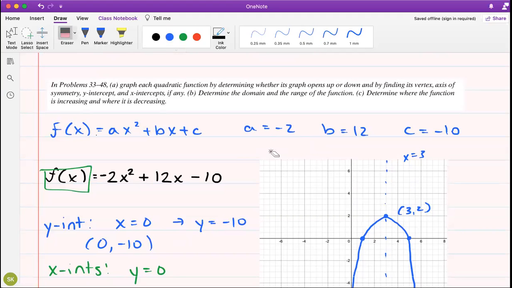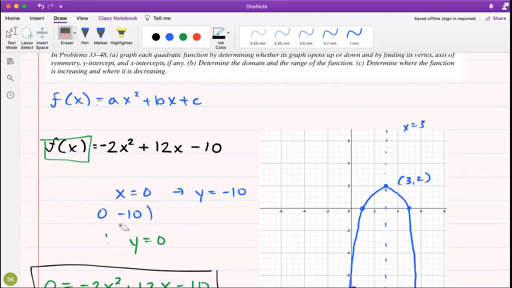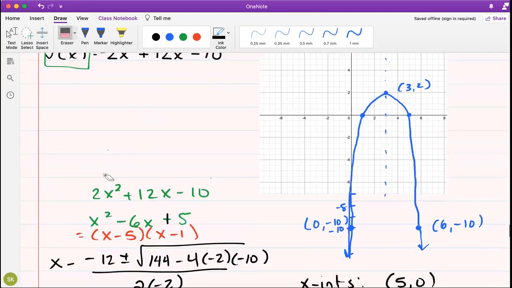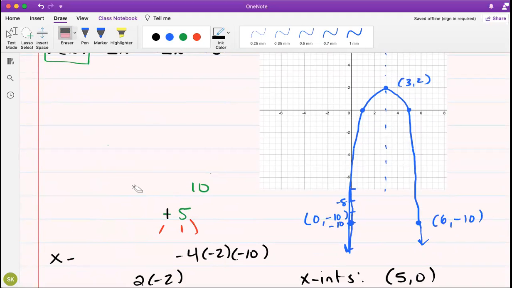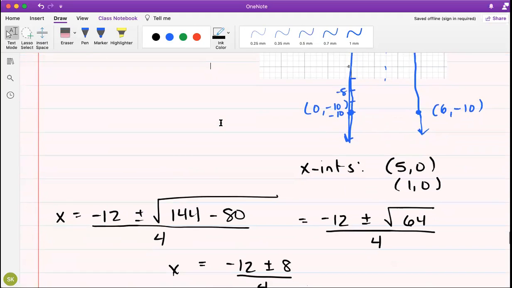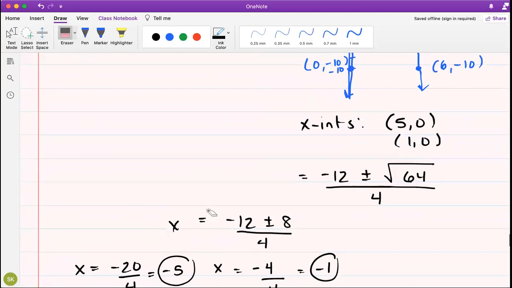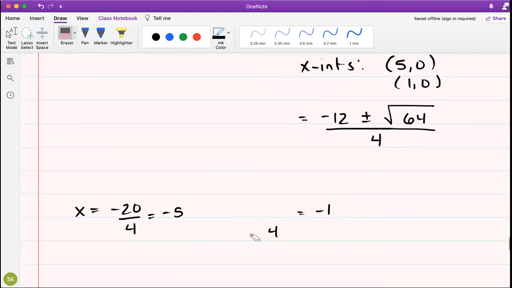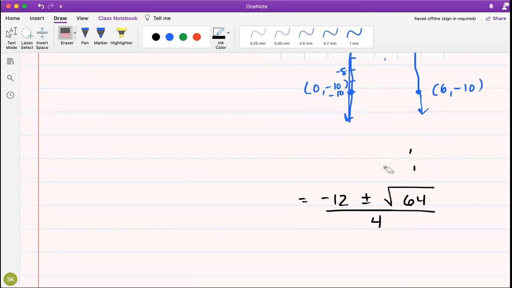I want to clean up a little bit, because now we need to answer some other questions. One of the questions was to determine the domain and the range of the function. Again, just by knowing a and where the vertex is, that's enough information for you to find the domain and the range.